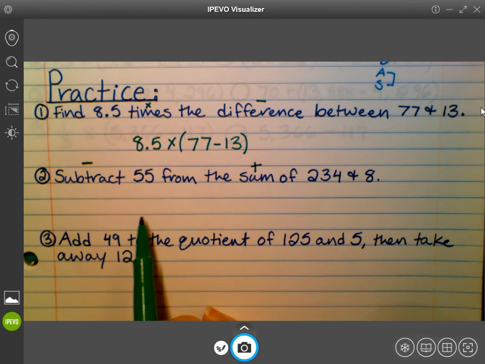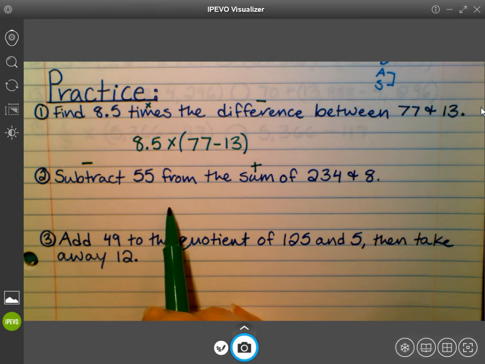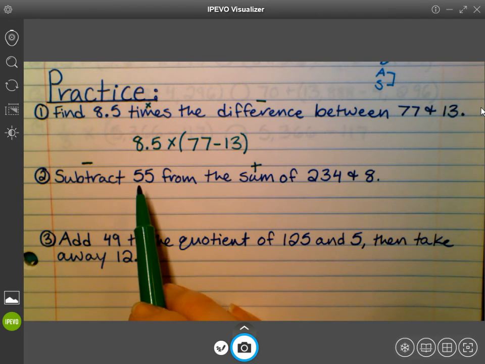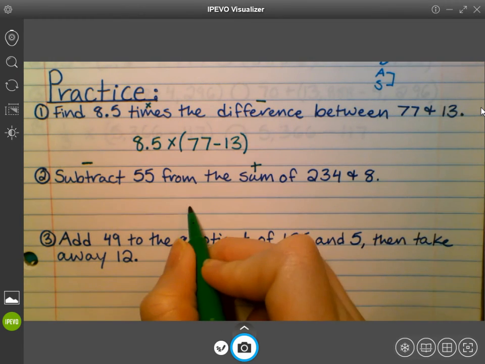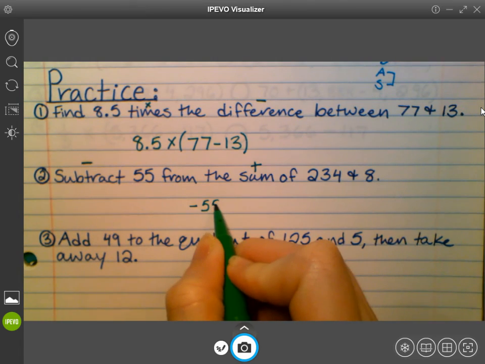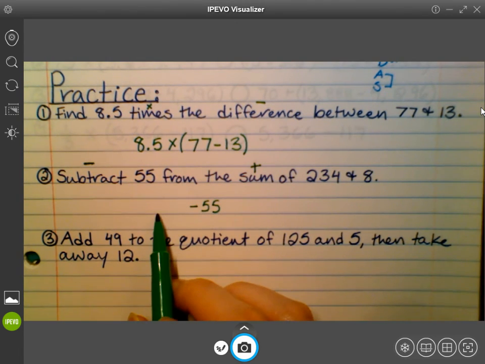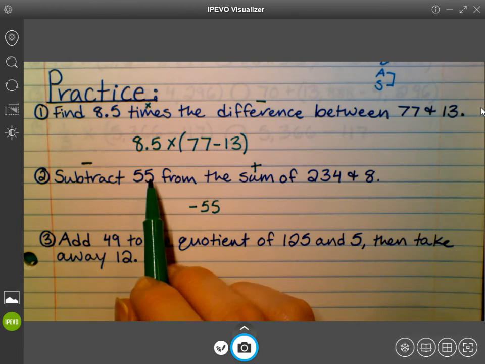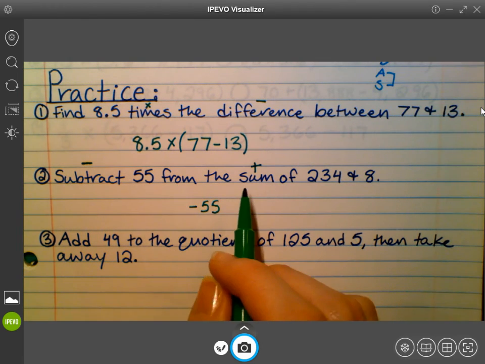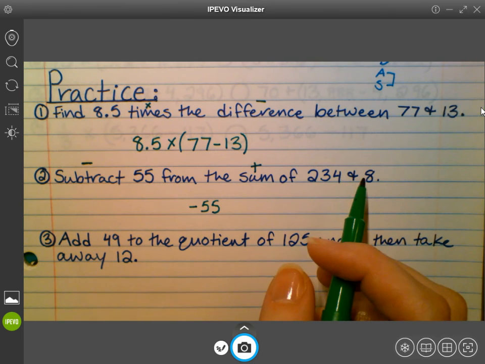Did anyone write 55 minus something? That doesn't work because we're subtracting 55 from something else. So it's actually minus 55. So I'm going to write minus 55, and then we need to ask, well, what are we taking 55 away from? We're subtracting 55 from the sum of 234 and 8.